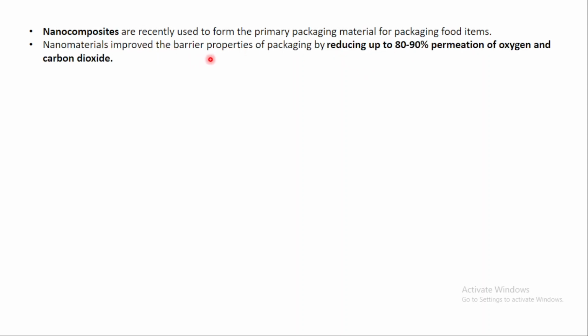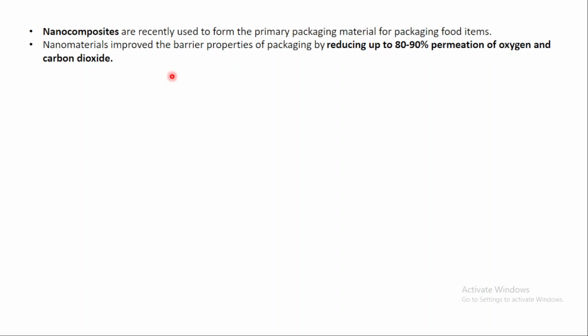Nanomaterials improve the barrier properties of packaging by reducing up to 80 to 90% of permeation of oxygen and carbon dioxide. These nanomaterials provide a barrier to the food so that outer air containing oxygen and carbon dioxide is not permeable to the inner food, in our case, the orange juice.